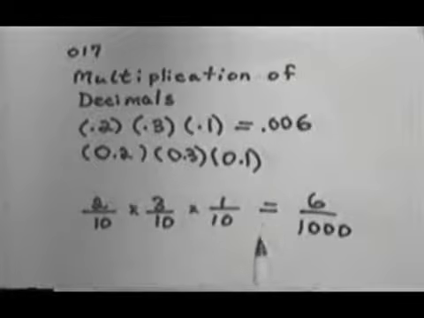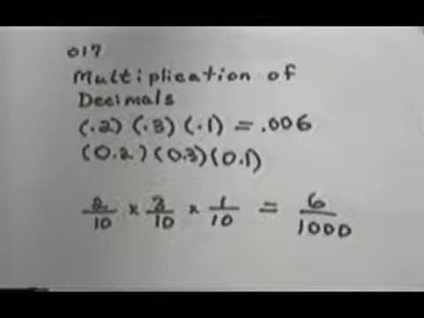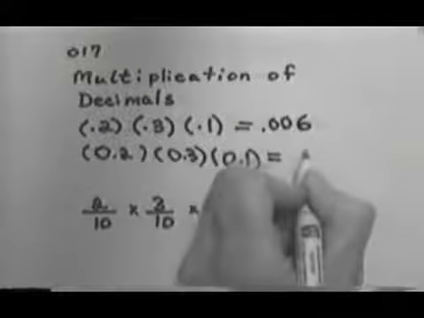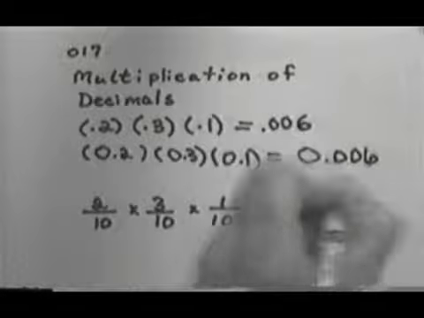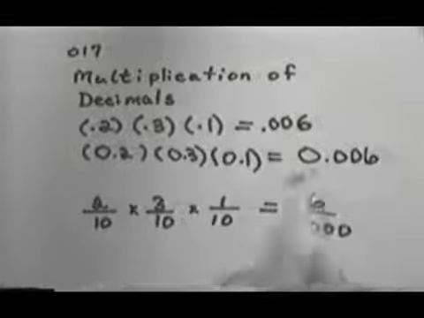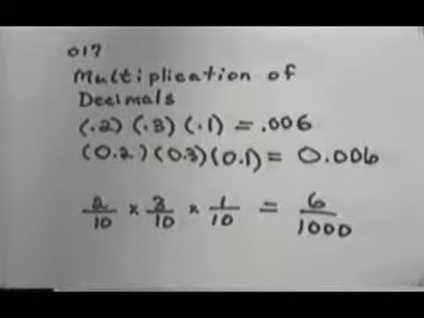But when you're getting ready to multiply, these zeros just tell you that there are no whole numbers there, so you could really forget the zeros and just multiply the 2, the 3, and the 1 and count the decimal places. Also in your final answer, you would probably see a 0 in front and then the 006 to tell us that there is no whole number in the answer, and then our answer has 3 decimal places and it's 6 thousandths.